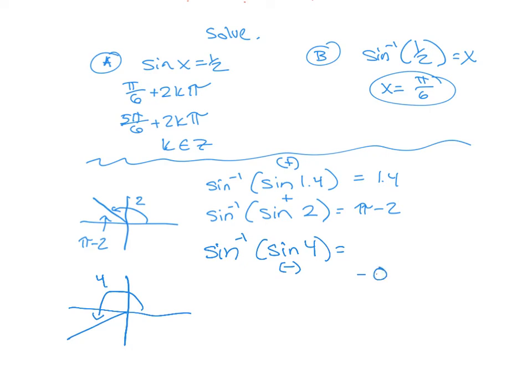So I want a negative quadrant 4 acute angle. Well, in order to find that, let's first find what this reference angle here is. And that's going to be equal to 4 minus pi. But that's the positive version of that angle. So in order to find a negative quadrant 4 angle, I'm going to say negative 4 minus pi. Or in other words, that equals pi minus 4.